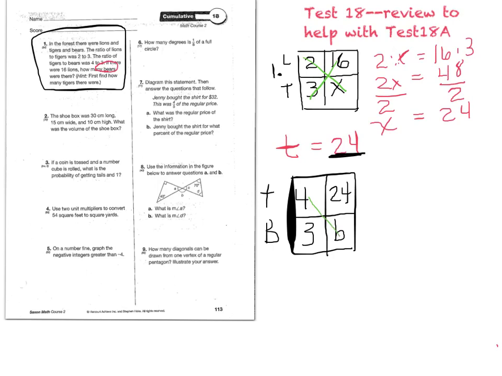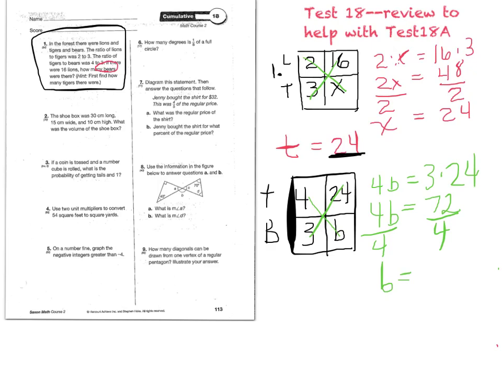We're going to go 4 times b equals 3 times 24. Well, I believe that 3 times 24 is 72. And we still have 4b. We divide both sides by 4. And we end up with b equal to 72 divided by 4.